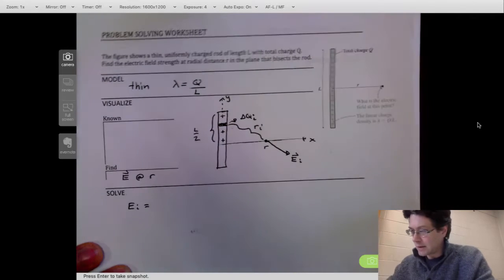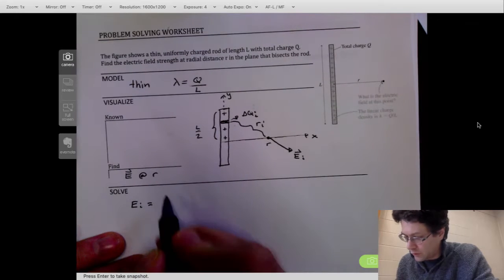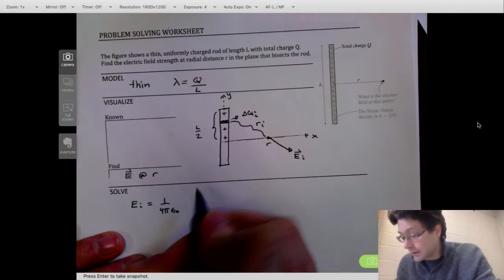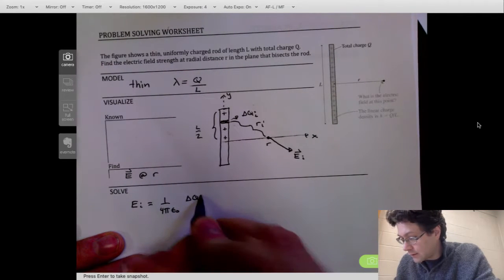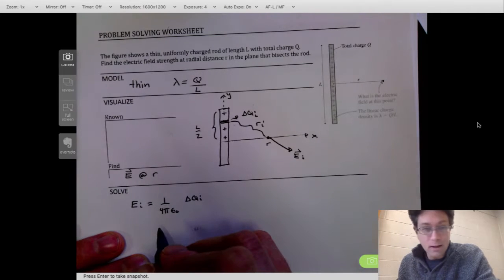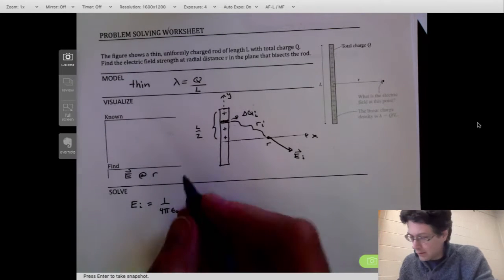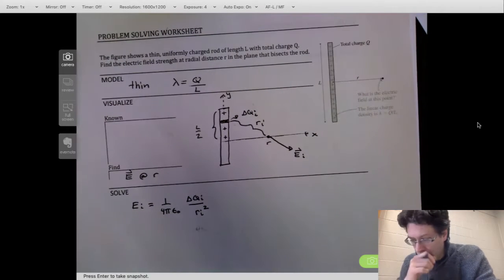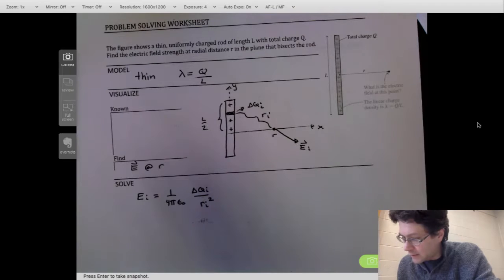So it's equal to 1 over 4 pi epsilon times delta Qi, which is my little amount of positive charge here, and then I divide by the distance squared, so Ri squared. Okay, so that's the magnitude.